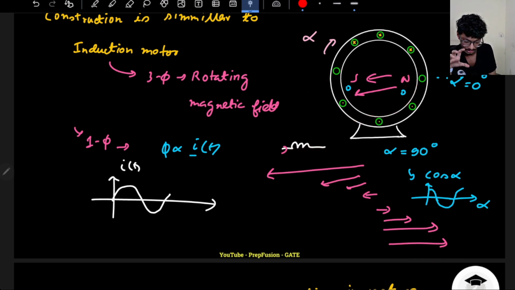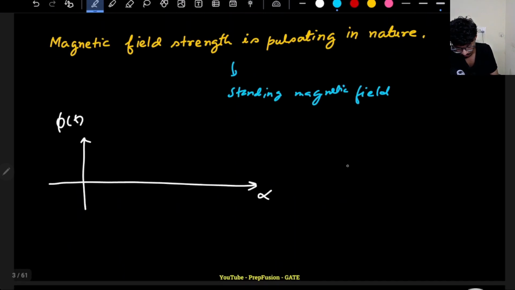So if I am stationary, then the flux is simply a sinusoidal at this point, alpha equal to 0, but as I move my alpha, the flux magnitude also will reduce. So basically your phi will be a function of both t and alpha.